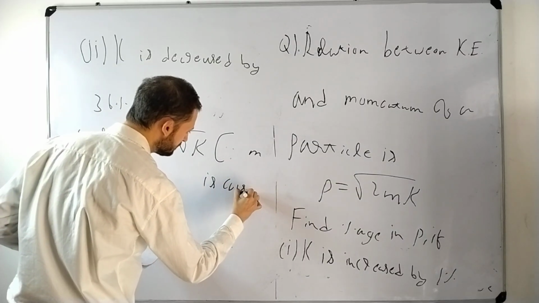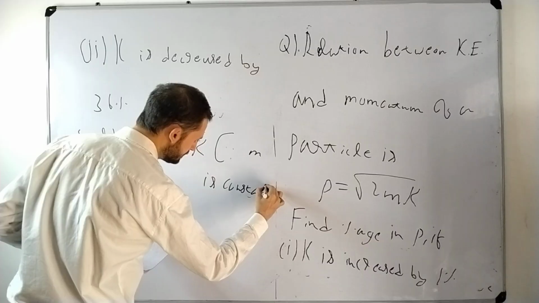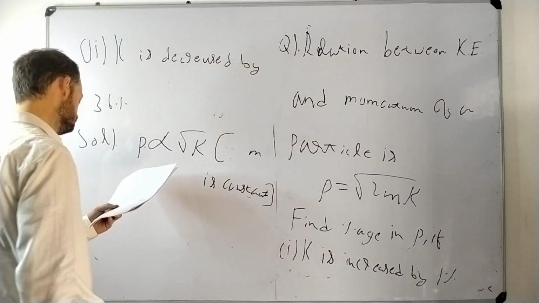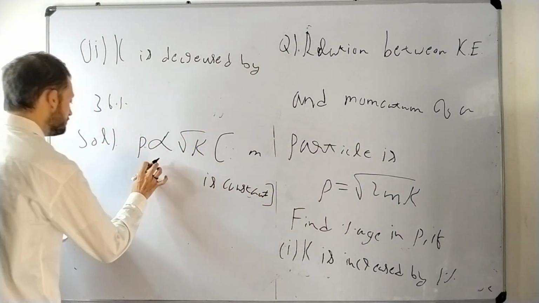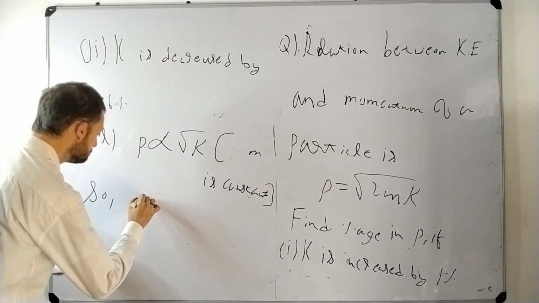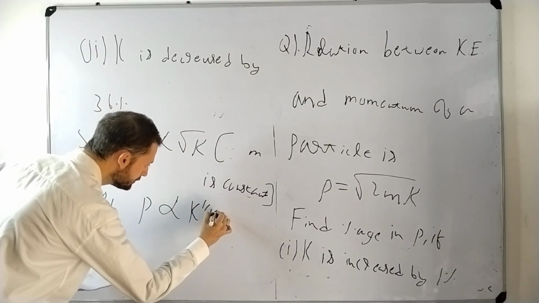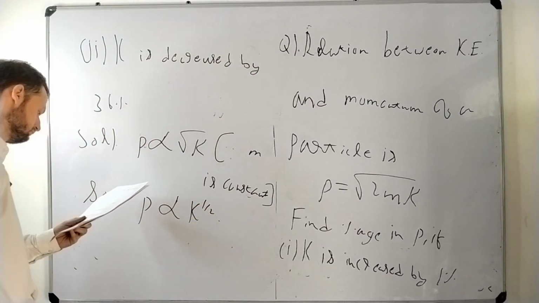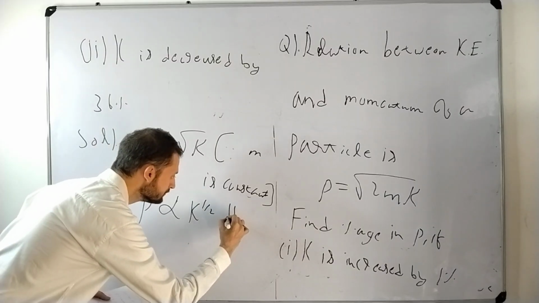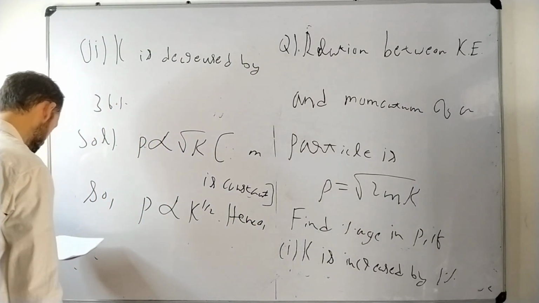Of course 2 is always constant and m is always constant. But here the quantity I will write. So P is proportional to K to the power 1 by 2, hence what the answer becomes, students?